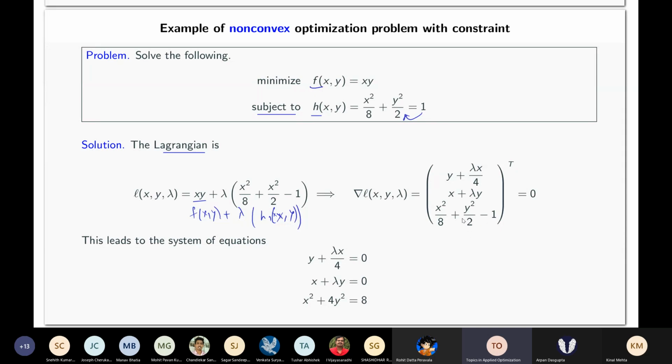Actually, the way to do this is that in the Lagrangian, if you take the derivative with respect to lambda, it produces the equality constraint. So this is a nice, neat way to get the equality constraint as well. Remember, this one is del L by del lambda, this one is del L by del y, and this one is del L by del x.